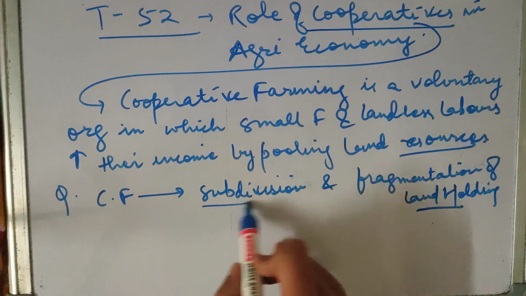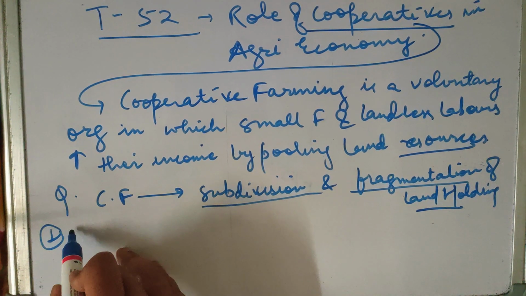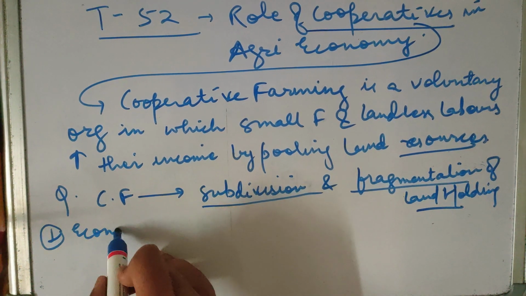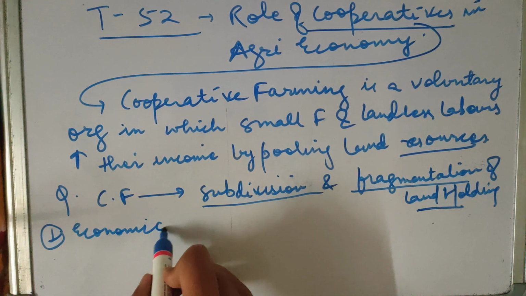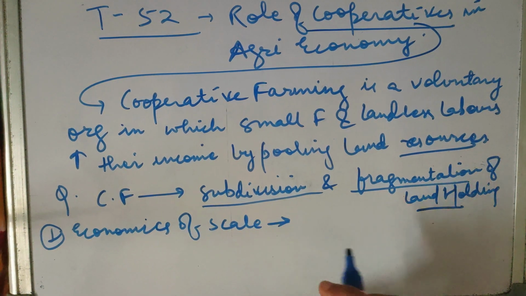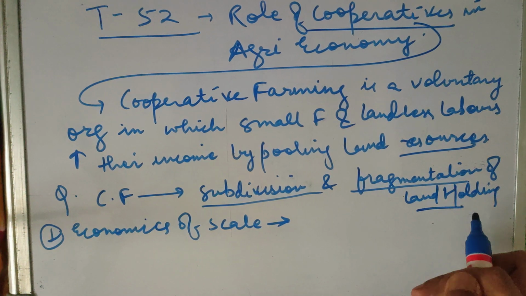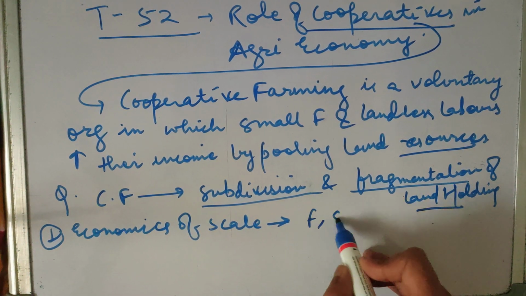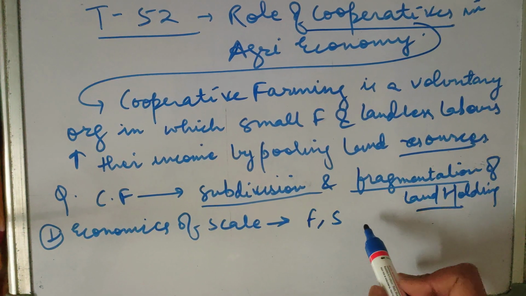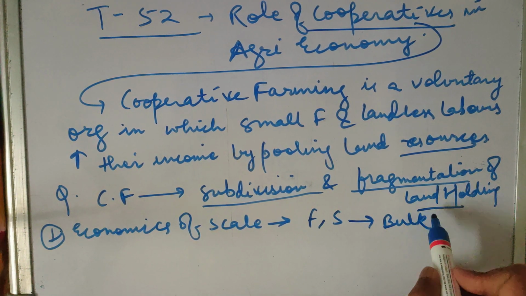So how is cooperative farming helpful to it? First of all, economies of scale. What is this? Things like fertilizer, seeds, etc. can be purchased in bulk as all resources are together.